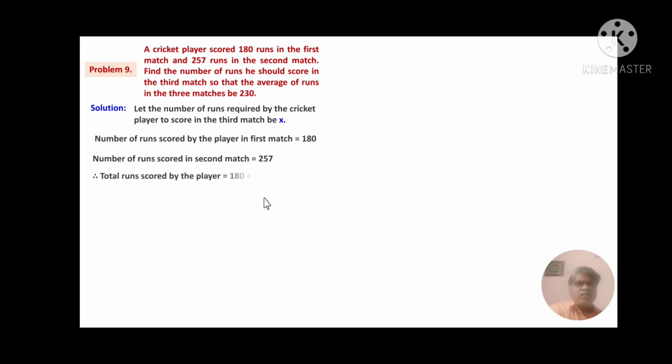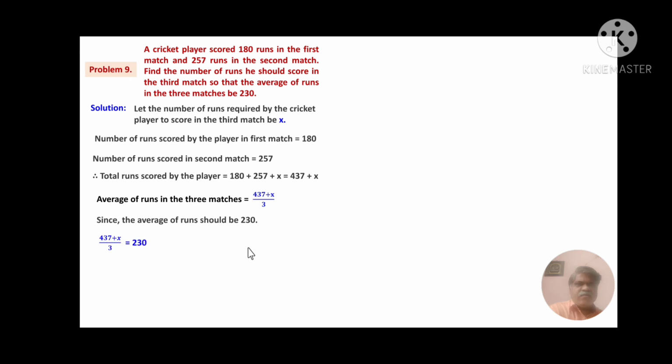Therefore total runs scored by the player is 180 plus 257 plus x is equal to 437 plus x. So friends, average of the runs in the 3 matches is (437 plus x) upon 3. Since the average of the runs should be 230, therefore (437 plus x) upon 3 is equal to 230.